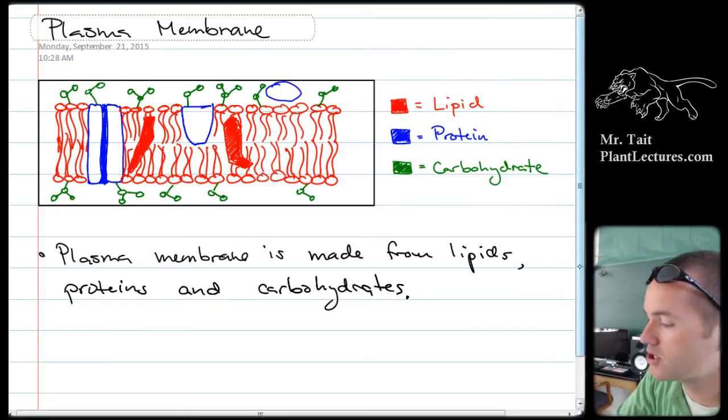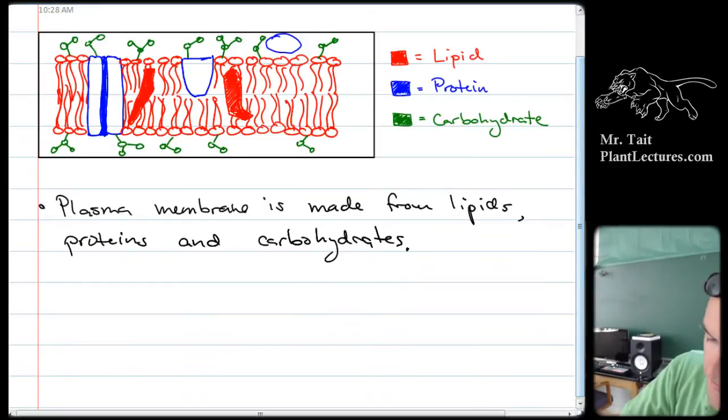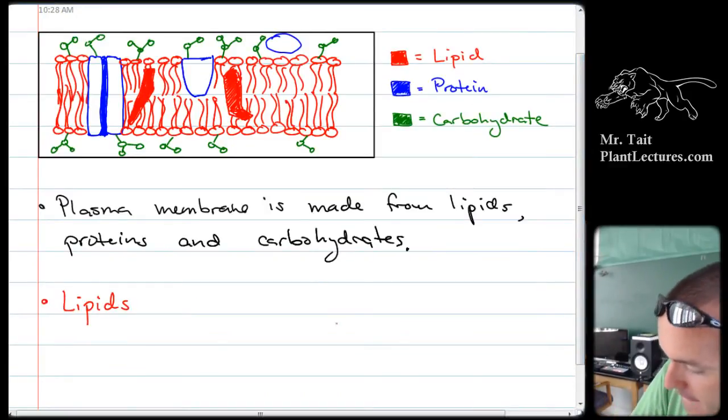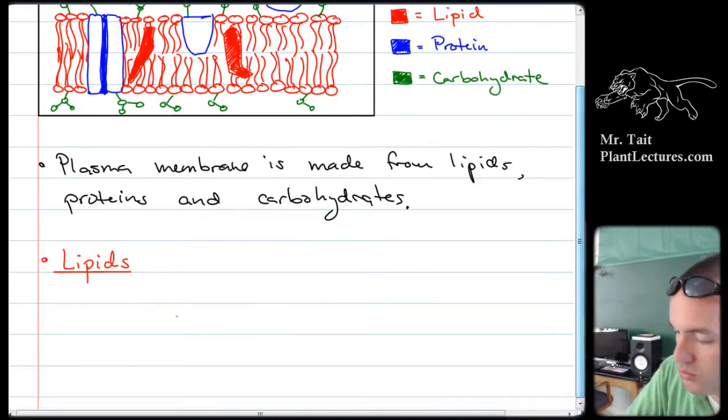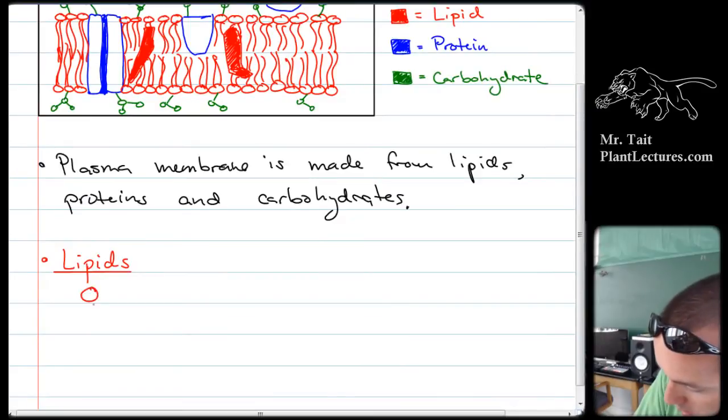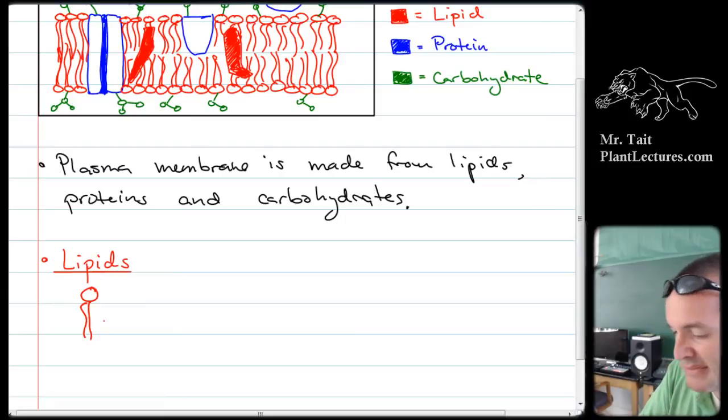Alright, so the first group that we're going to talk about are the lipids. And the first lipid that we drew on there was the one that looked like this. This lipid is called a phospholipid.